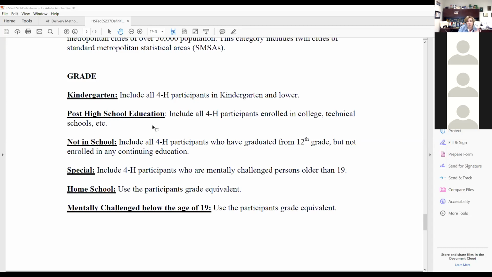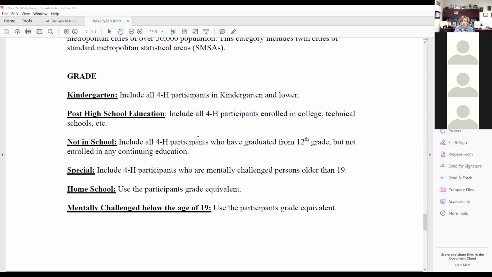So I just want to remind people that the post high school category is all 4-H participants who are enrolled in college or technical schools or 2 years, some kind of post-secondary education. We do have 4-Hers that have started young and they do fit into that.